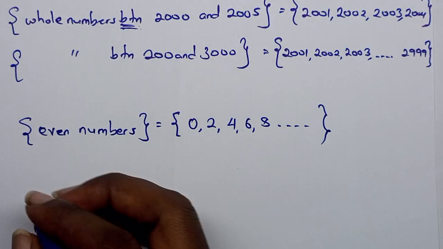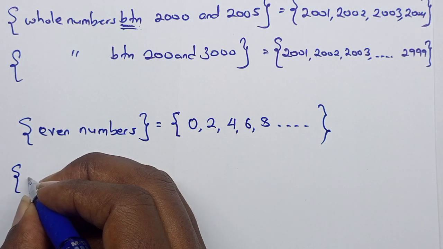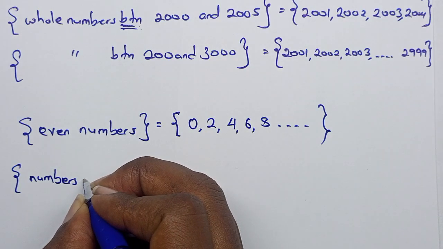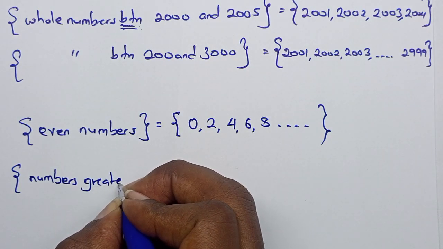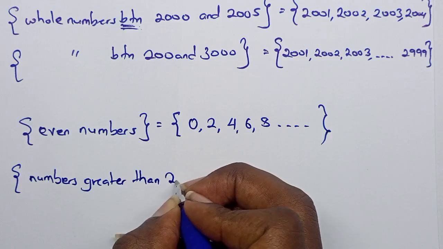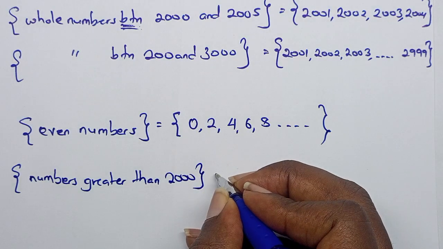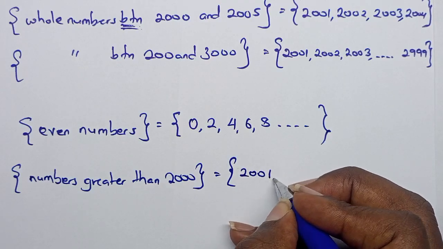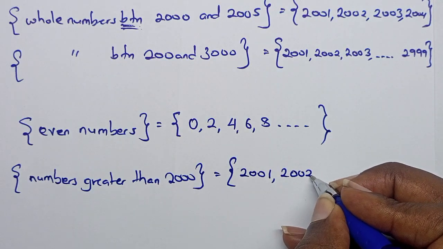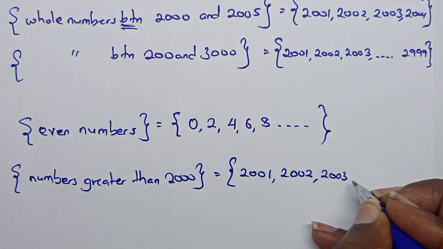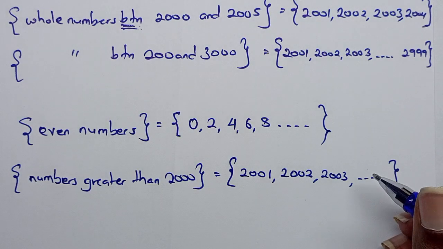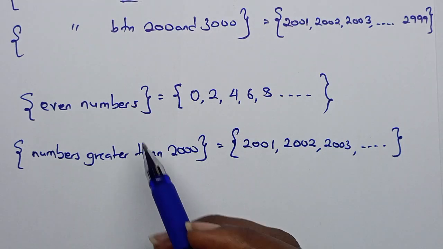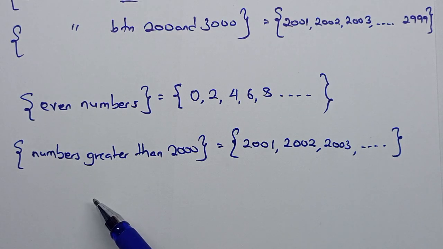Then also a set of whole numbers greater than 2000. This is also an infinite set because you can't list all the elements. And so on. So these are examples of infinite sets.